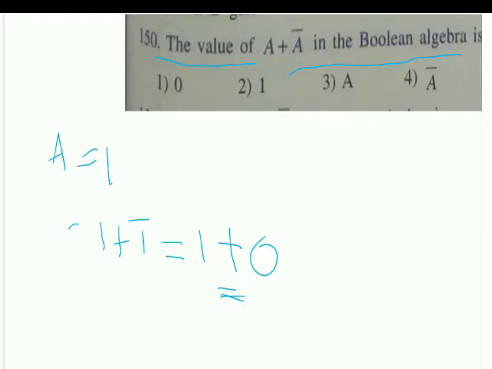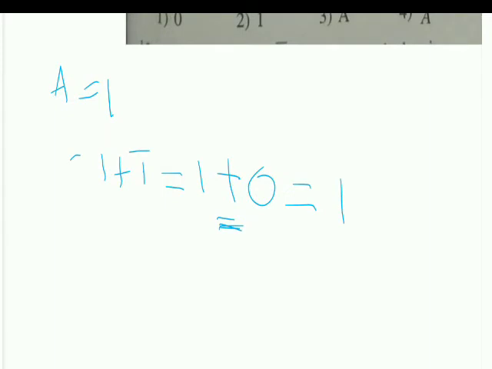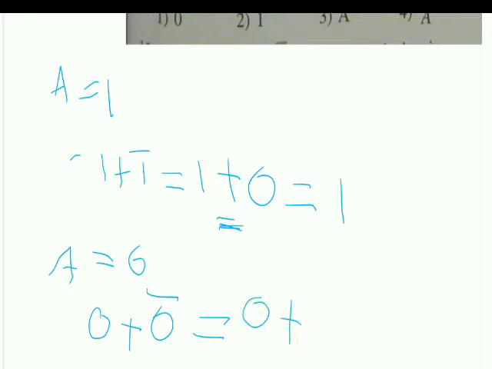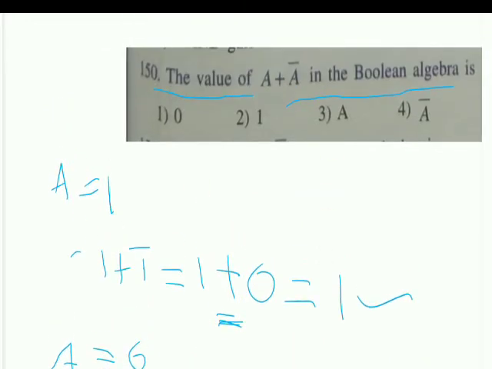This is the OR gate. The result is equal to 1. So if A is equal to 0, 0 OR 0 complement is 0 OR 1, which is equal to 1. So here the answer is 2. Option 2 is the correct answer.